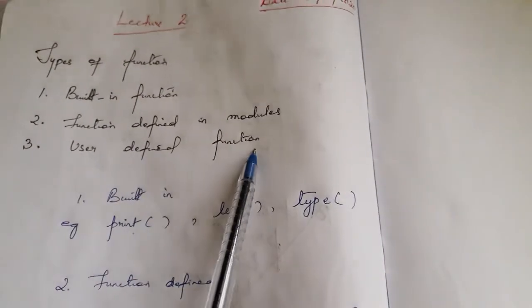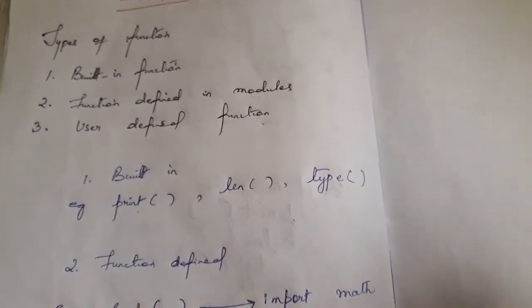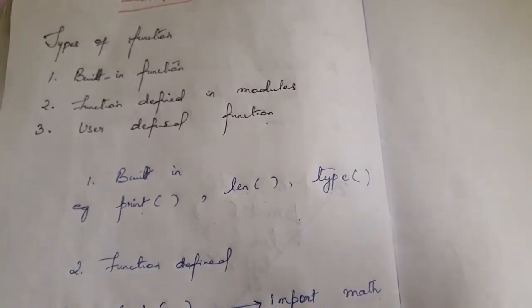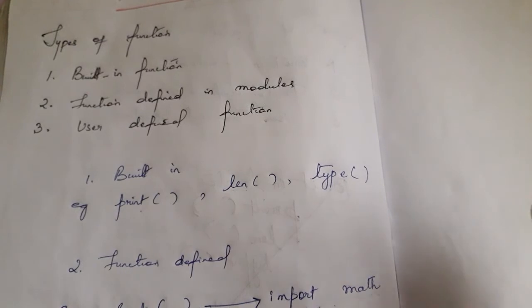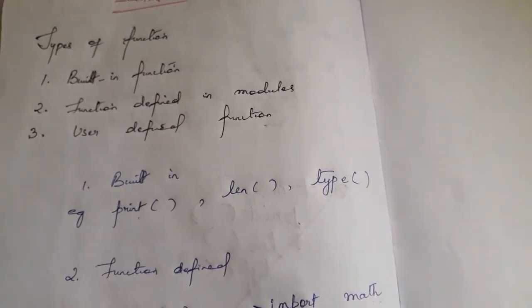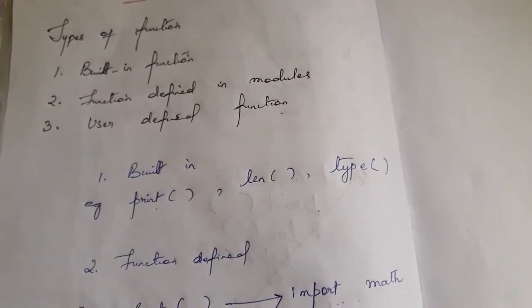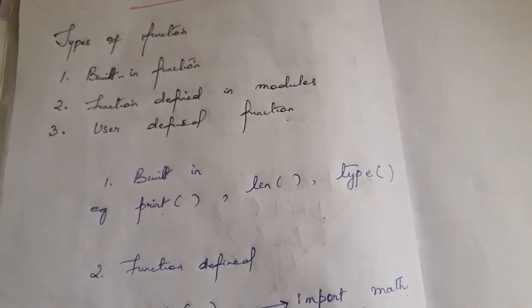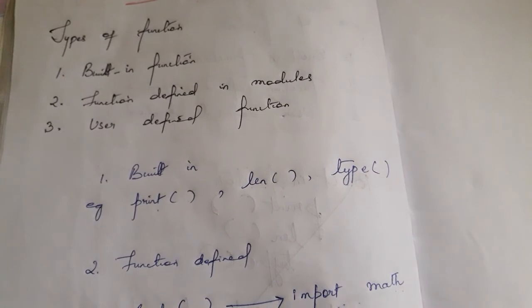The third one here is the user-defined function. Whatever I explained in yesterday's class are a few examples of user-defined functions. From its name itself, user-defined functions are functions defined specifically for the need of a user.